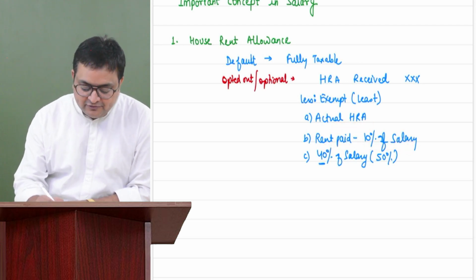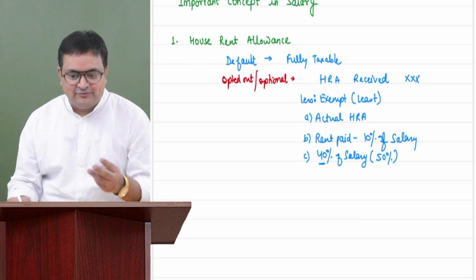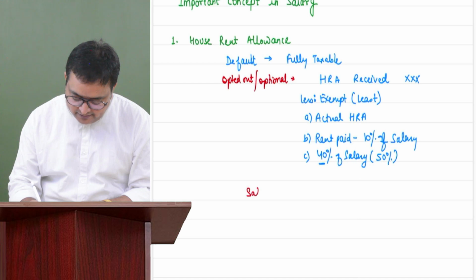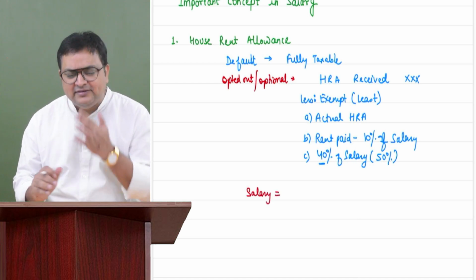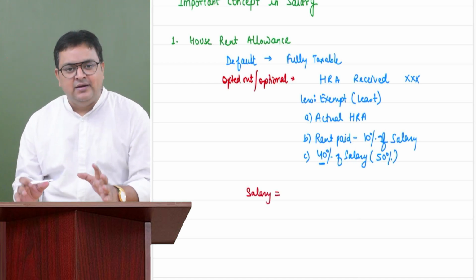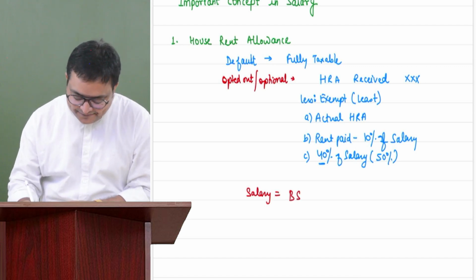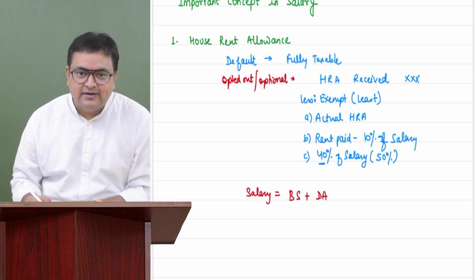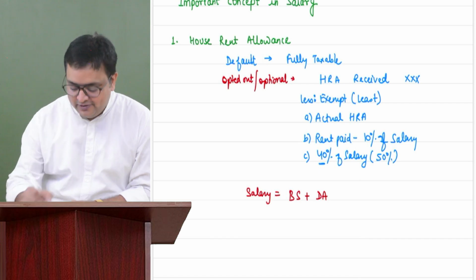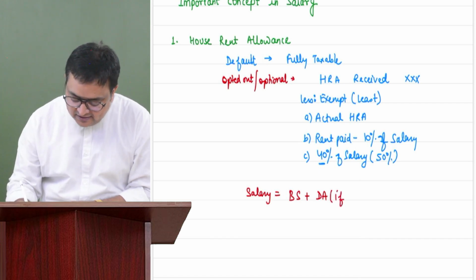What are the components of the salary over here? There are three components of salary which you have to take. If any of them is missing from the question, it's fine, but at most, you have to take three components. One is basic salary plus DA. Entire DA? No. Only if it forms part of retirement benefits.